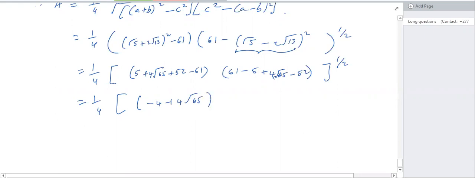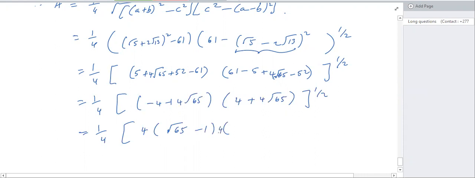So 61 minus 5 minus 52 is 4, minus 4 root 65, all to the power half. What we can say is quarter into, let's take out a 4 from here and rearrange. 4 into square root of 65 minus 1, and take out another 4 here, into root 65 plus 1, all to the power half.